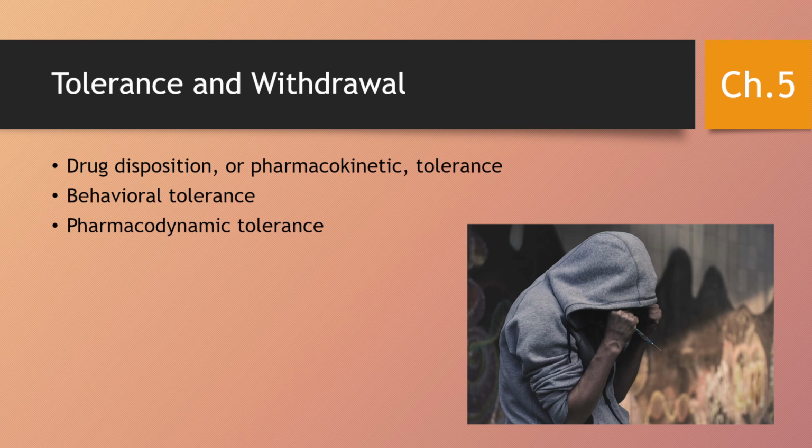And then, of course, lastly here, we have the pharmacodynamic tolerance, right, which is basically where we have that overall reduction in effectiveness of the drug. And this is often also what we see that causes those withdrawal symptoms, where our body is used to and needs those effects because that is our new normal.